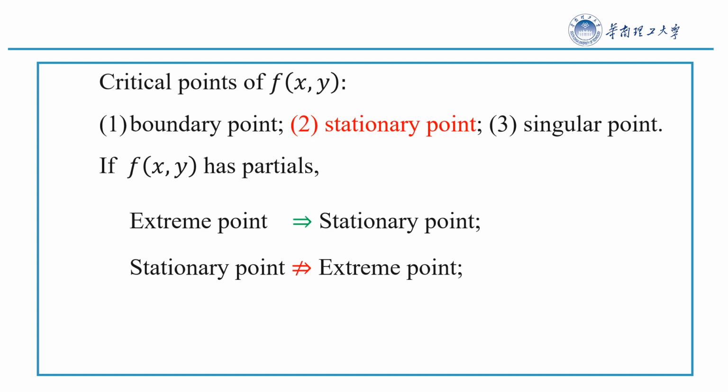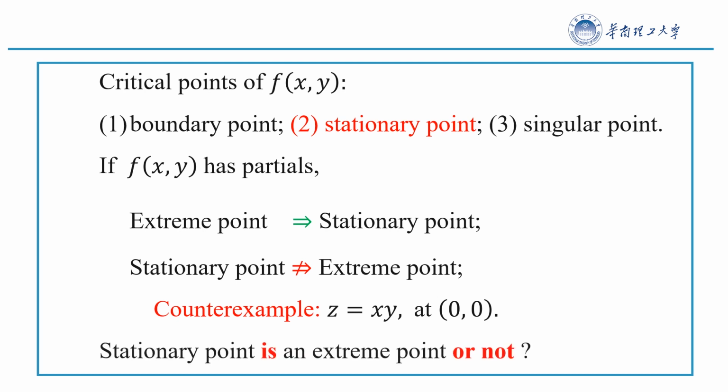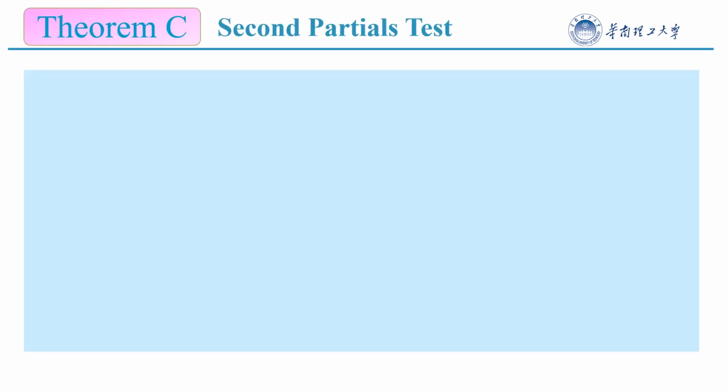For example, we have proved before that for this function z equals xy, the point (0, 0) is a stationary point, but it has no extreme at this point. Then, how do we judge whether a stationary point is an extreme point or not? The following is the principle.